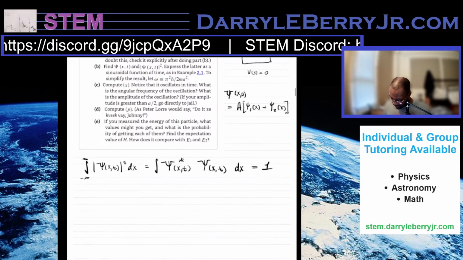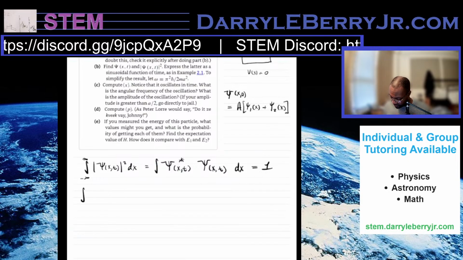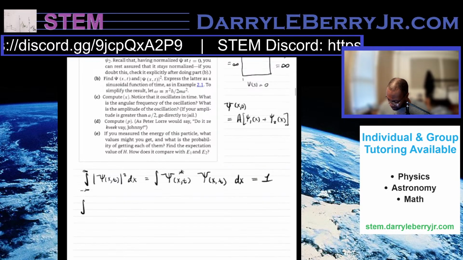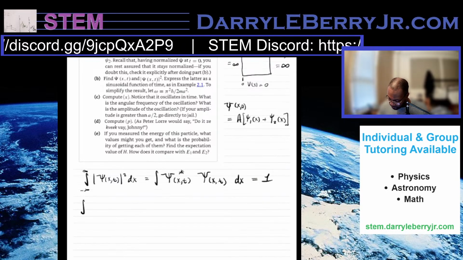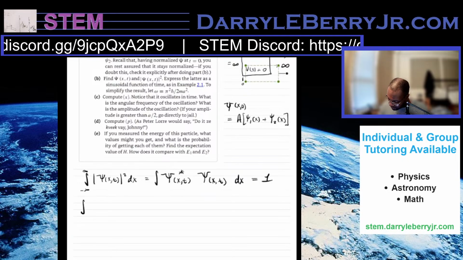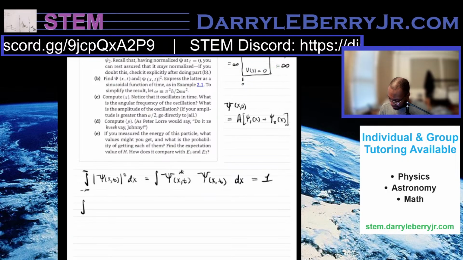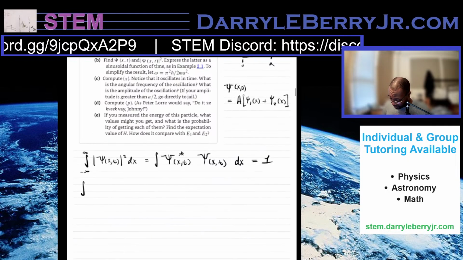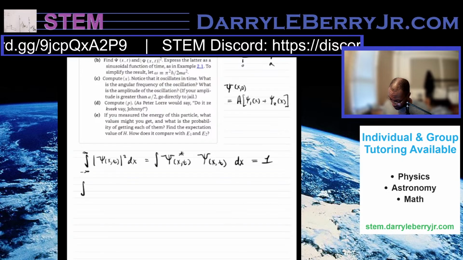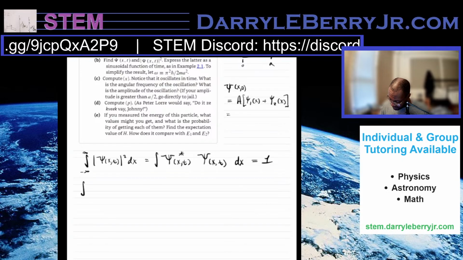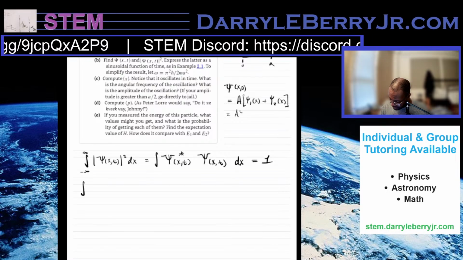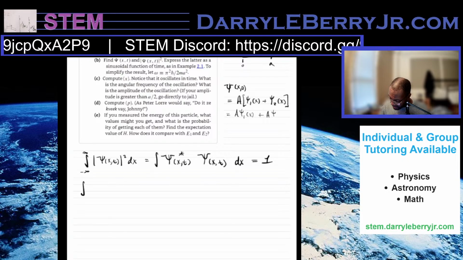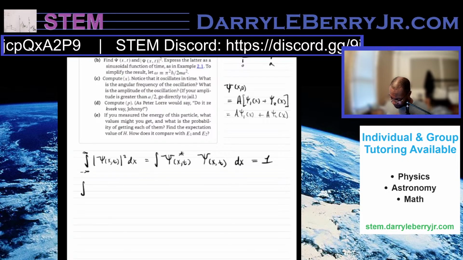So what we can do here is actually plug in those values. And did it tell us the length of the well? I guess normally we choose the length of the well. So I'm going to call this x equals 0, and I'll call this a, pretty customary. And I'm going to actually show how to normalize one. So if I was to distribute this, it'll be A psi 1 of x plus A psi 2 of x.